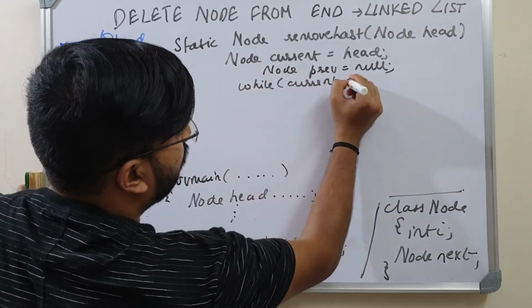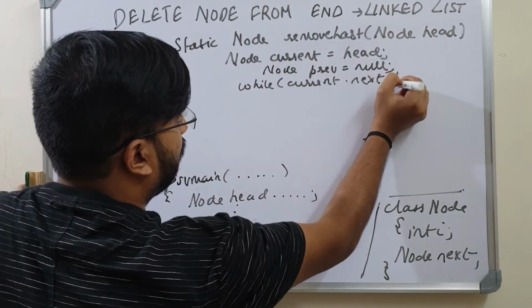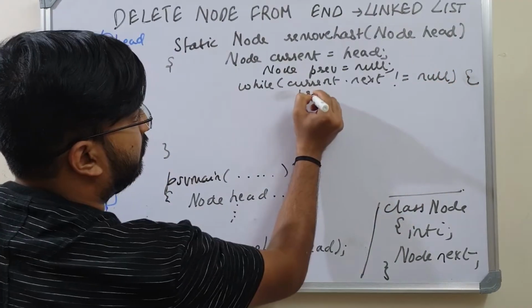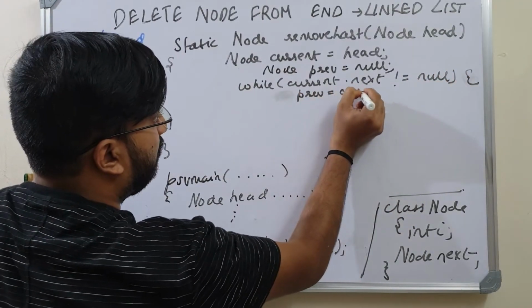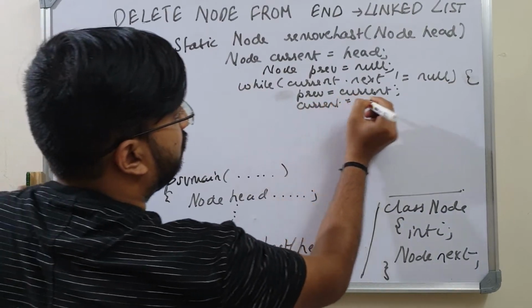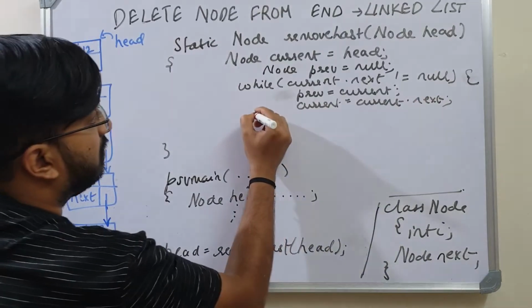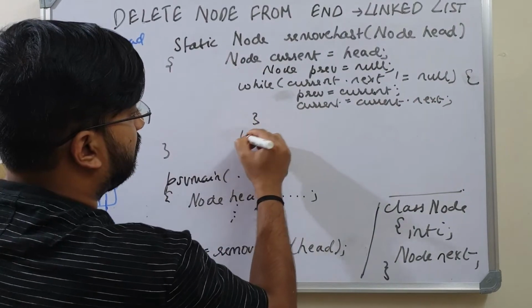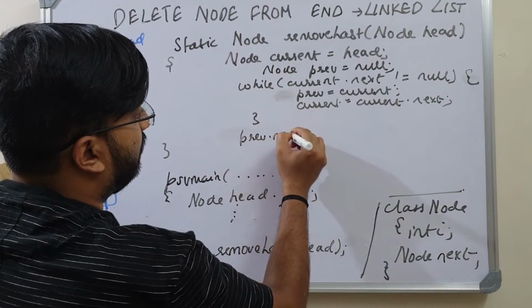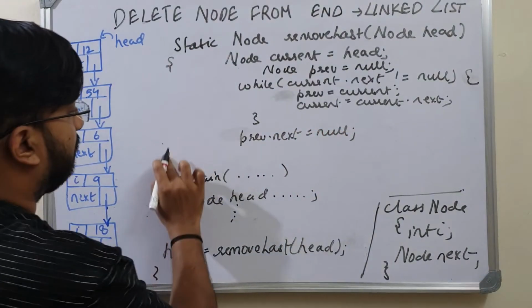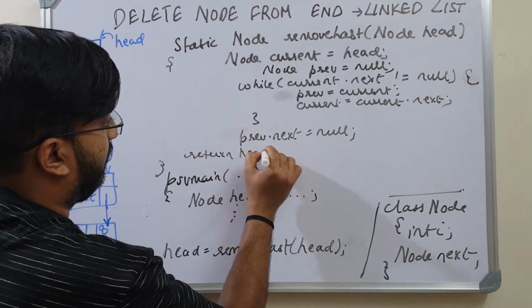While current.next is not equal to null, open curly braces, previous is equal to current, current is equal to current.next, closing this, and previous.next is null, and you return the head.